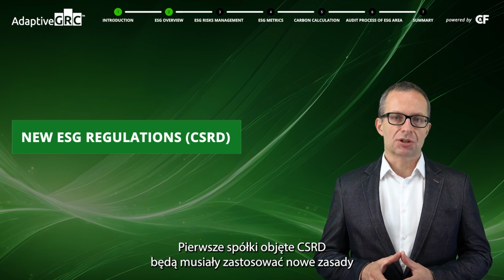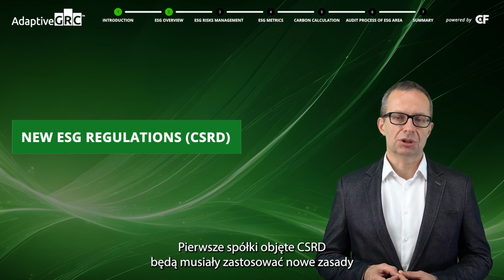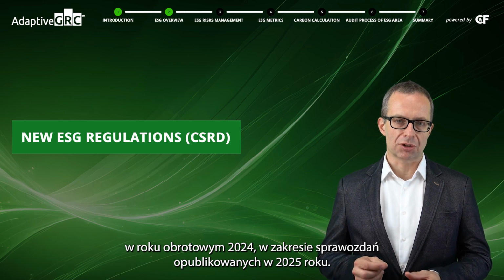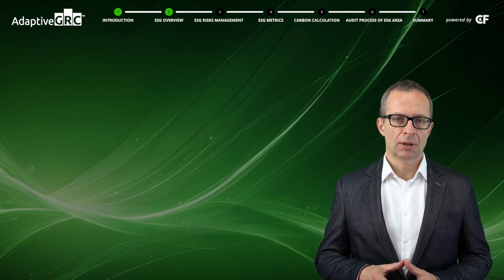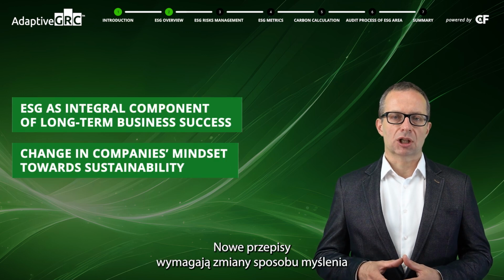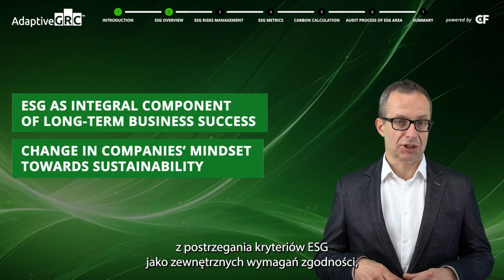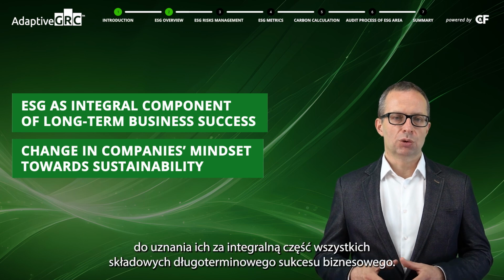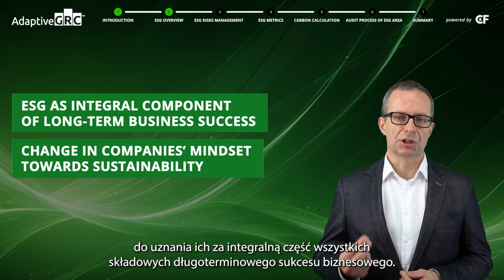The first companies subject to the CSRD will have to apply the new rules in the 2024 financial year for reports published in 2025. The new regulations require a shift in the mindset from viewing ESG criteria as external compliance requirements to recognizing them as integral components of long-term business success.